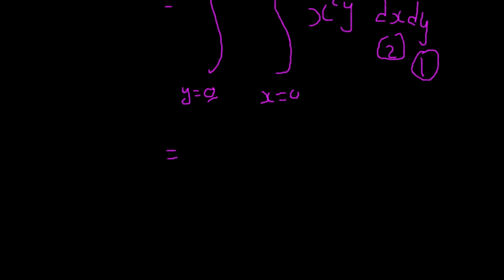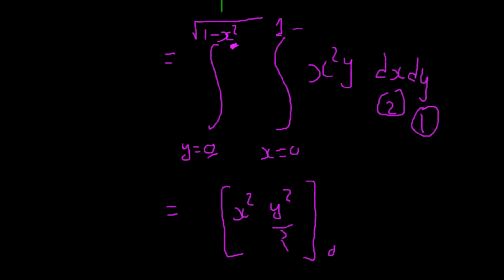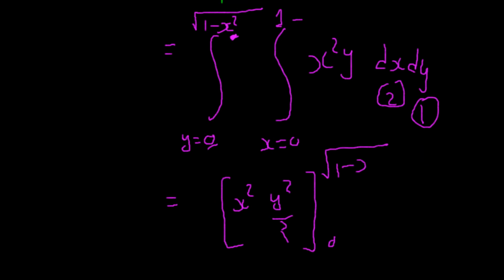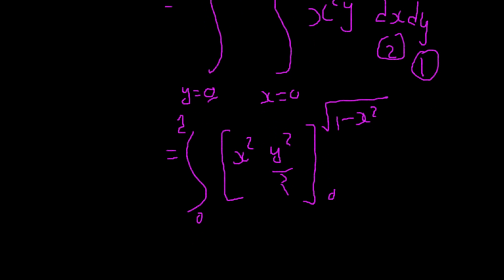Integrating first with y, we get x square, and y becomes y square upon 2. Putting the limits, which is 0 to root of 1 minus x square, and this limit is 0 and 1.